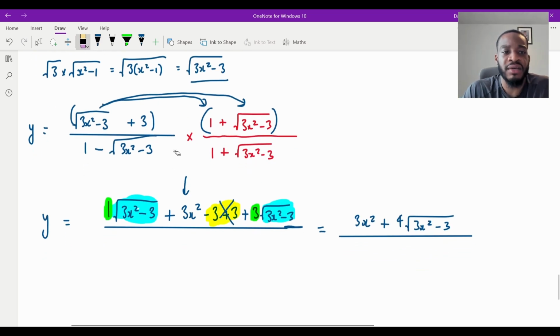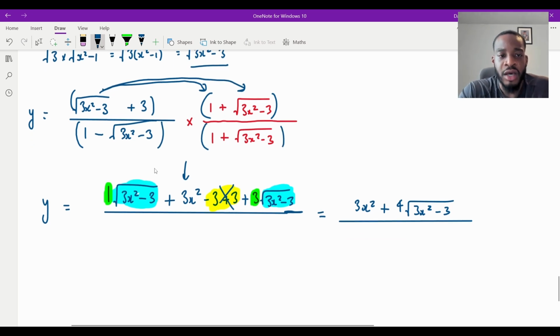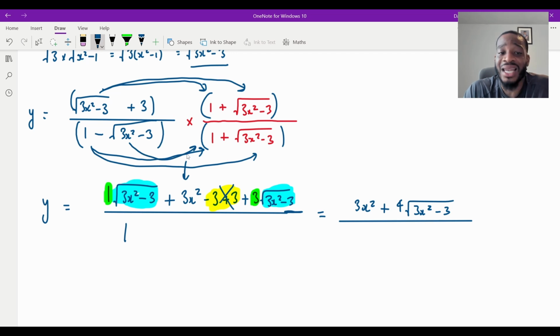Now this one is even easier, right? So times those together. Now whenever you're rationalizing, the middle terms are always going to cancel, aren't they? So 1 times 1 will give me a 1. And then I don't need to do 1 times positive of that and then minus that times that because they're going to cancel.